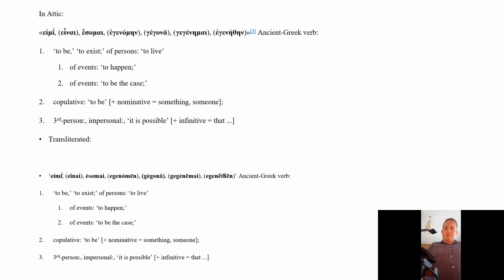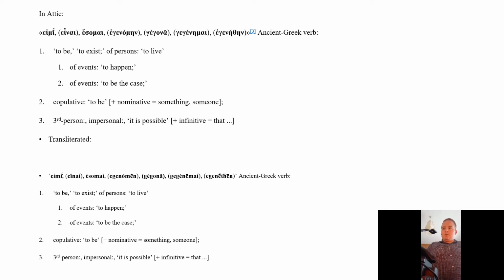It is really a collection of dialects, but Attic is the main one. If you learn Greek at undergraduate level, you'll be mostly learning Attic, or you might learn Koine, but the Koine that you would be learning is Attic Koine. I think it's just a simplified version of Attic.